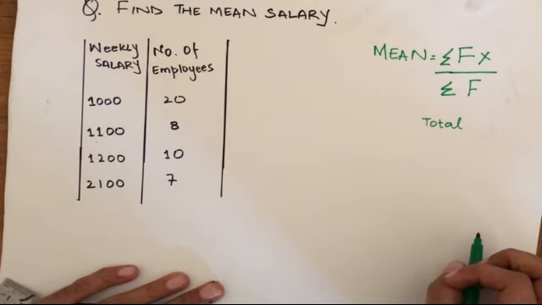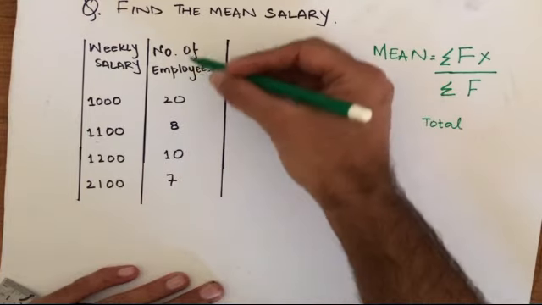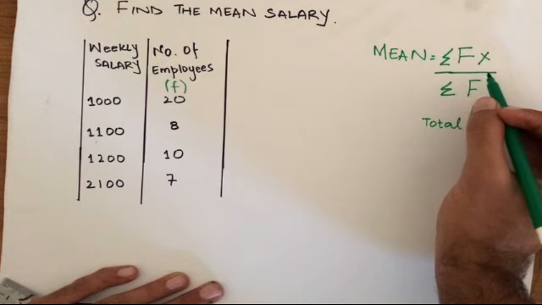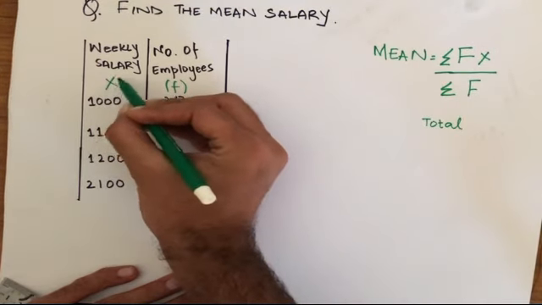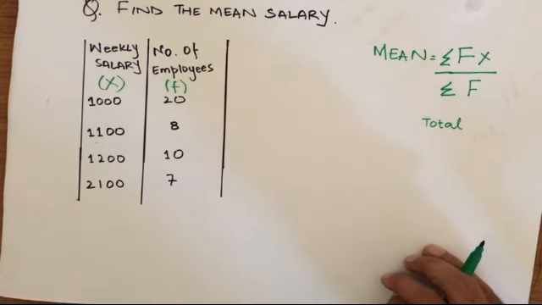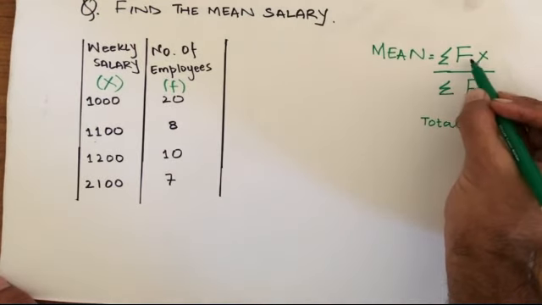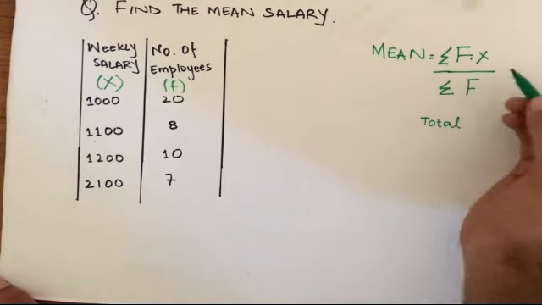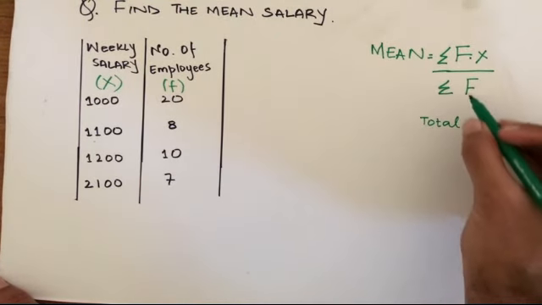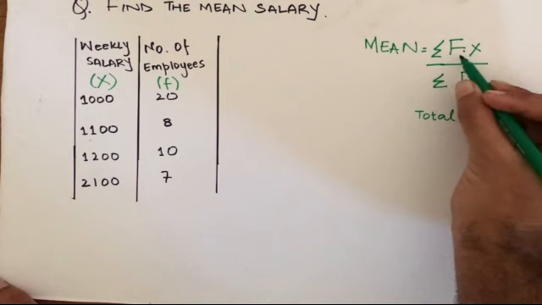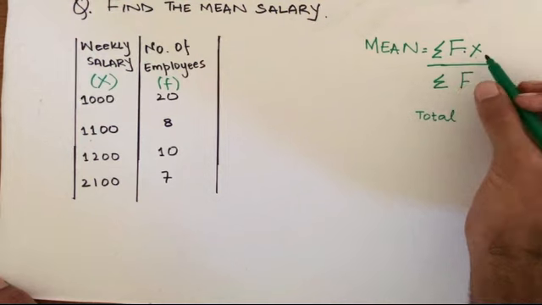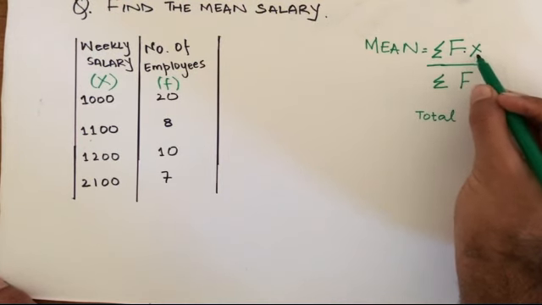F is the frequency, which is this, and X is the data we are trying to analyze. There is no sign in between these, so F is being multiplied by X. The formula basically means the total of the product of frequency and data. So first of all, I'll calculate the product of frequency and the data.